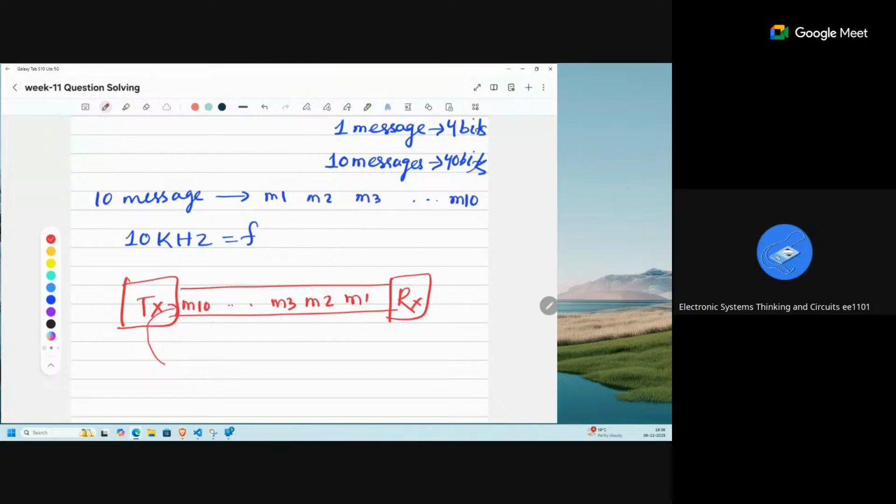Right? Tell me, how did you do it? The time period will be 4 times the T. 1 by 10 kilohertz, which is 0.1 millisecond.